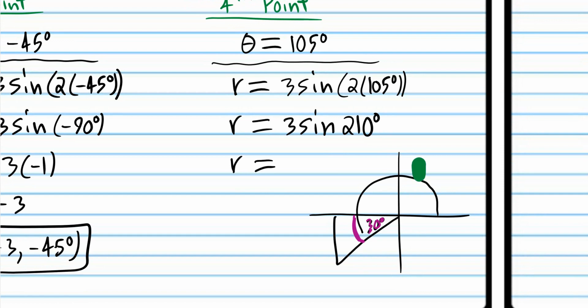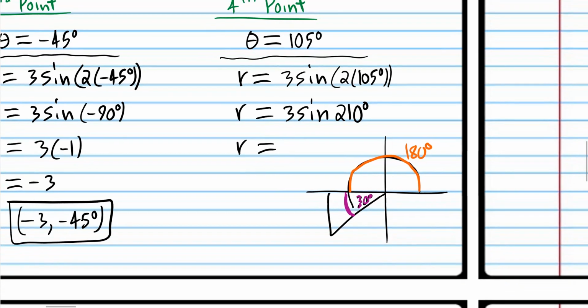So we had to rotate 180 degrees to get to here, but then we had to rotate another purple 30 to get to 210. So again, that's all review things that you should know.